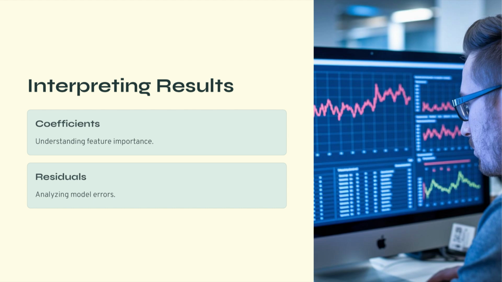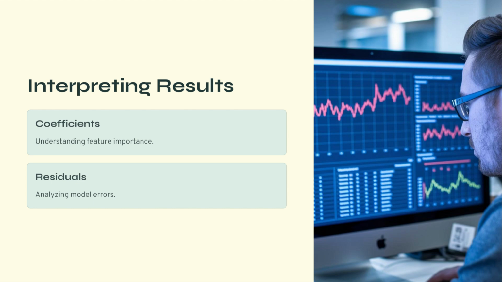For example, if the coefficient for house size is large and positive, it means that larger houses tend to have higher prices. If the coefficient for age of the house is negative, it means older houses tend to have lower prices. These coefficients help us understand the relationships between variables.